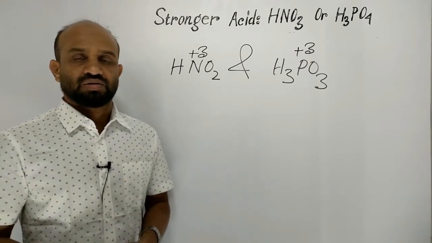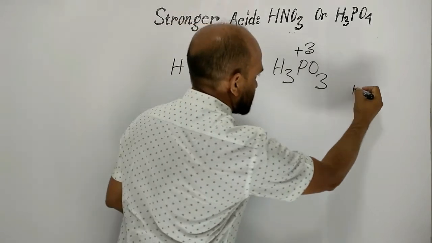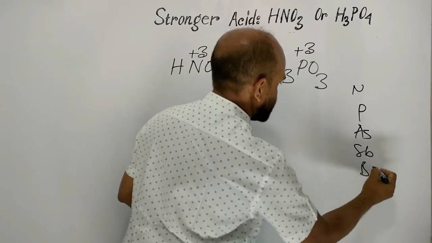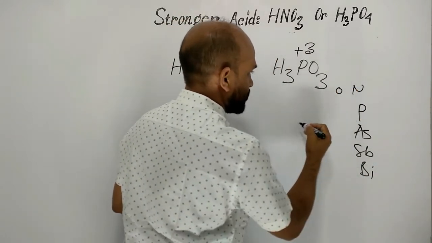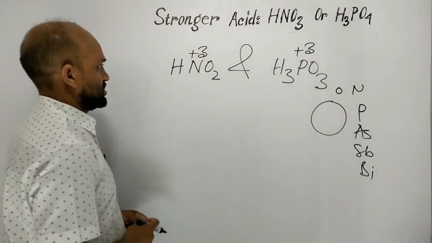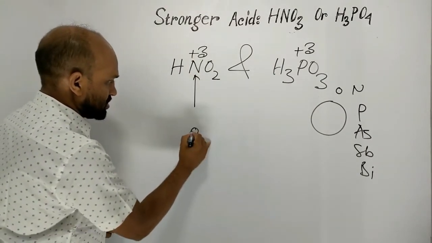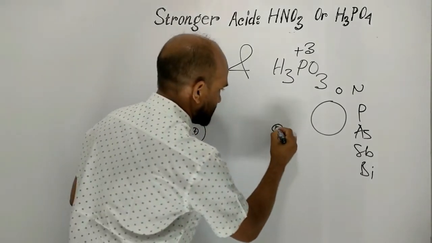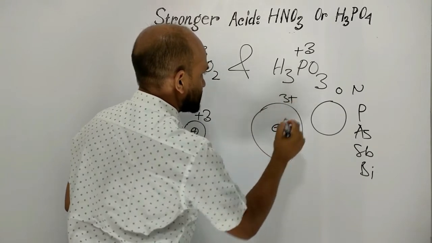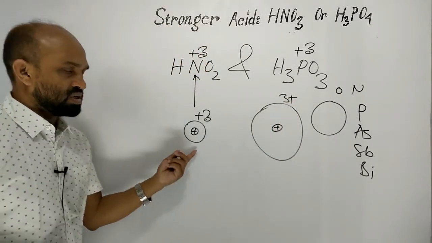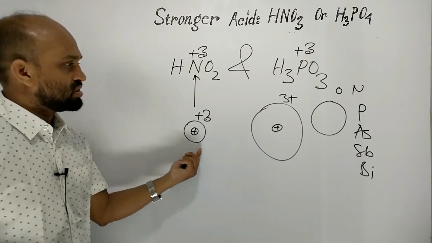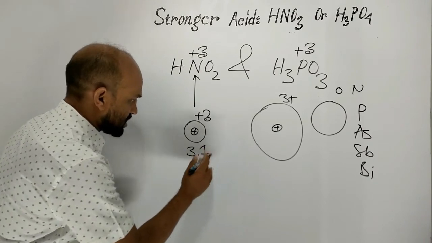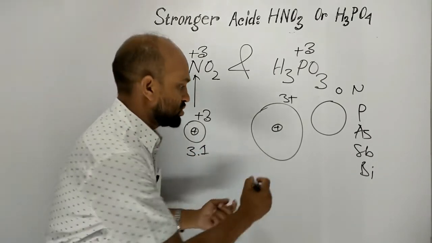Like the previous set, here nitrogen, phosphorus, arsenic, antimony, bismuth. That means nitrogen is smaller, phosphorus is bigger. So here nitrogen is smaller with 3+ charge and phosphorus is bigger with the same charge. Here charge density is very high compared to phosphorus, and electronegativity is higher as well compared to phosphorus.